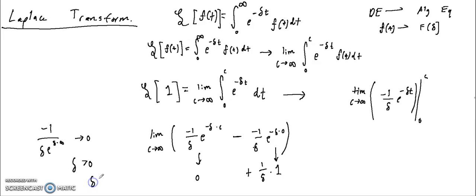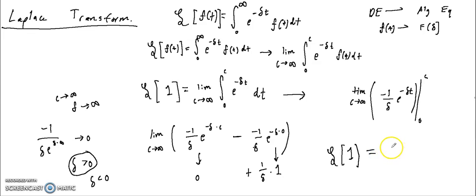Now, if s is less than 0, then we will have a positive exponent, so this would actually be in the numerator. And as c approaches infinity, the function also approaches infinity, which means it doesn't converge, so there is no solution. So, under the condition that s is greater than 0, we have the Laplace transform of 1 equals 1 over s.